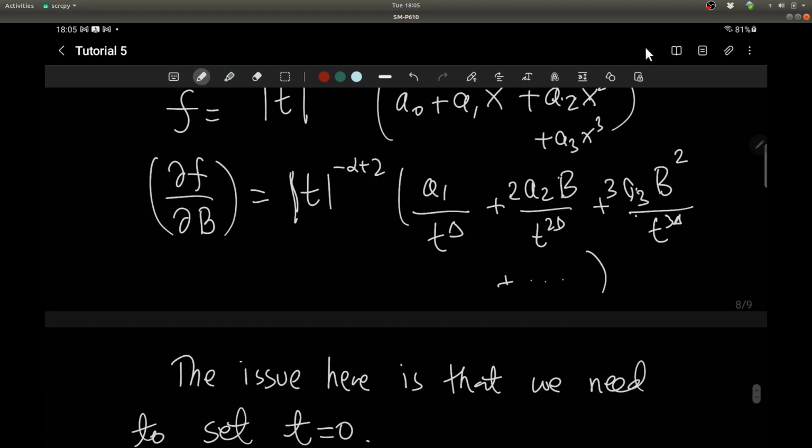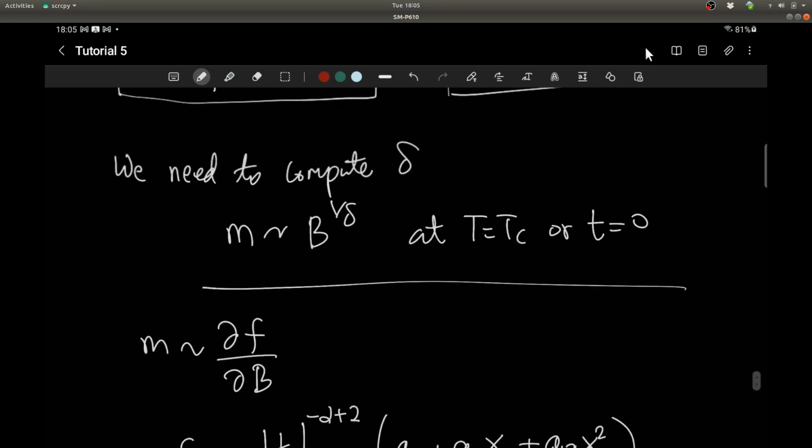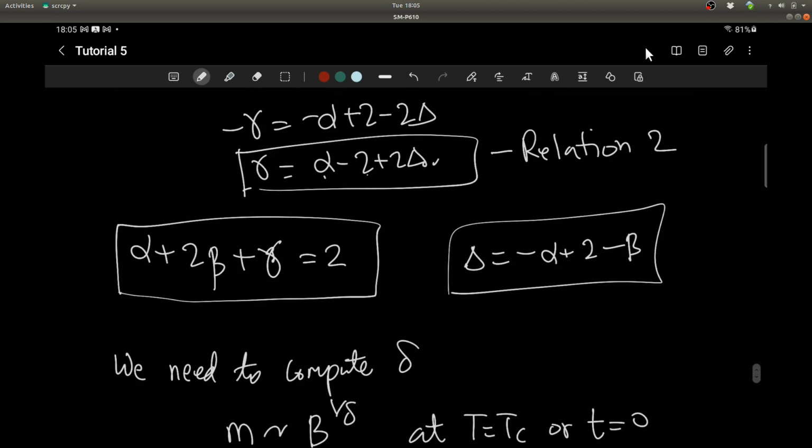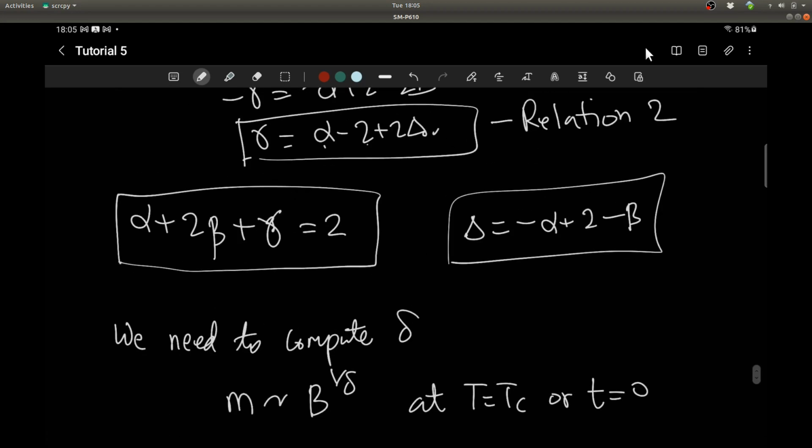So how does that help me? Let's look at the coefficient of a1.